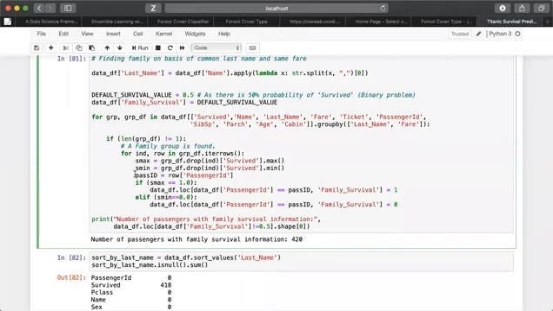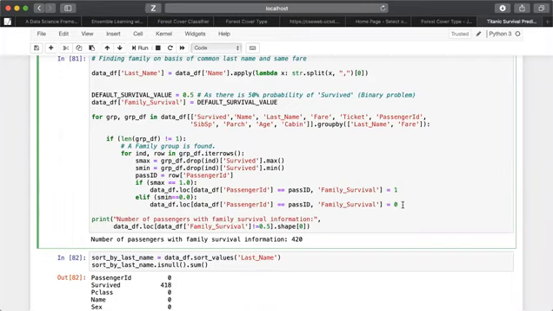Thereafter, if the passenger ID is the same as the passenger ID of this row, then I have made family survival 1, or if it is not there, then I have made family survival 0. So by this code, first of all, I have given a default value of family survival of 0.5 to all, because 50% is survival and 50% not survival.